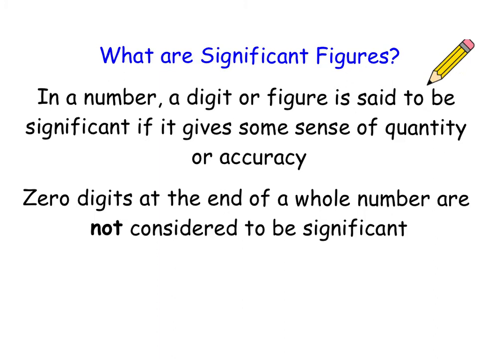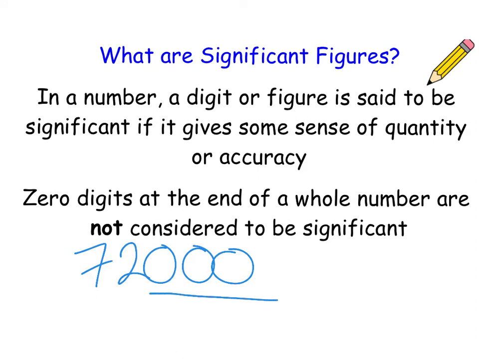If I gave you another number, no, let's make it bigger, of 72,000, these three here are not significant. It's only these two that are. So this one has got two significant figures, and we're going to look at that on my next slide, okay? So zeros at the end, they aren't significant at all. They're just there to keep your place value, to keep that number 72,000 in the thousands.